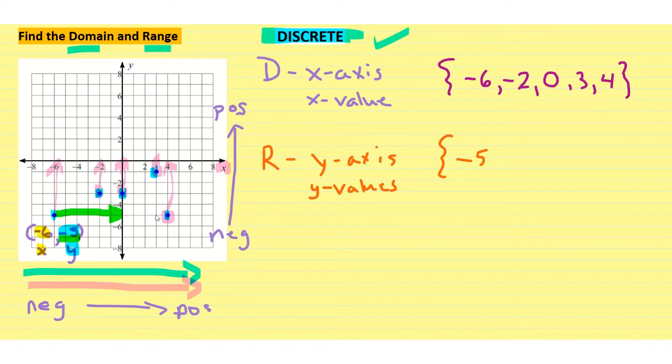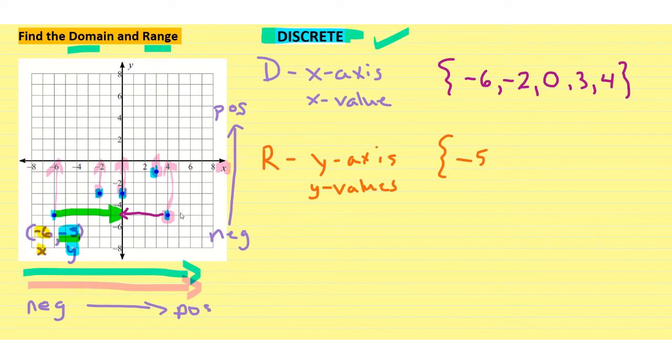What's interesting is that we also have this point over here that's at the bottom, and it also lines up with that -5. Now, do we need to write the -5 over here twice? No, we do not. If two points line up with the same -5 y value, we only need to write -5 one time.